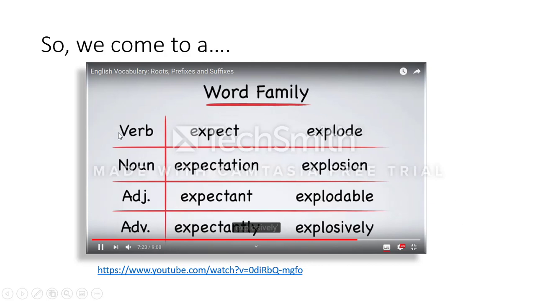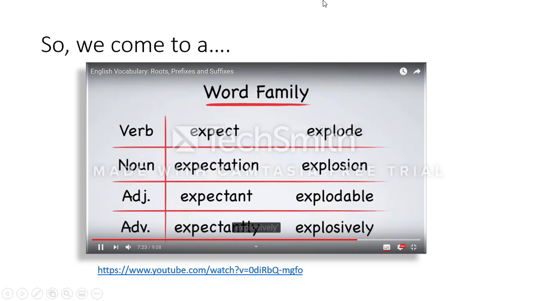Okay? So verb, from one verb, you have expect, you turn it into explode. From a noun, expectation, explosion. Adjective, expectant, explodable. An adverb, expectantly, explosively.